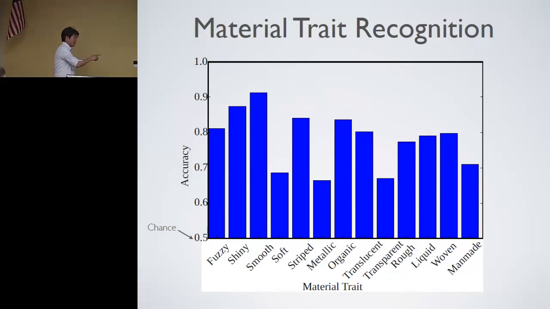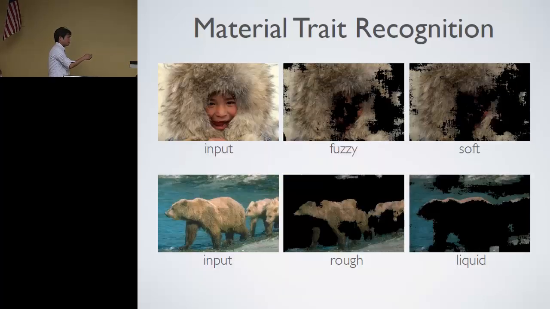Okay, so for each pixel, we can tell the likelihood for each of the traits. So for any input image, at every single pixel, we can compute the probability of that trait. And here, I'm just showing you the pixels that have higher than 50% probability. And as I said, it's not mutually exclusive.